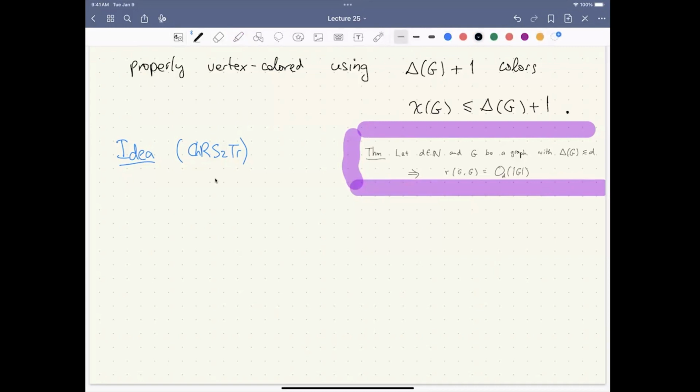We have maximum degree D here. So K_{D+1} is a homomorphic image of G.